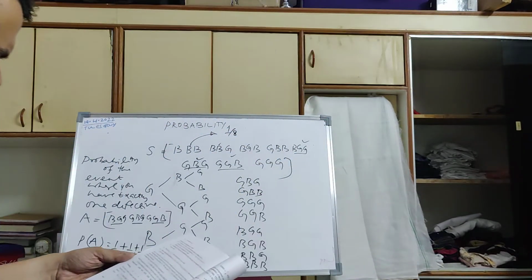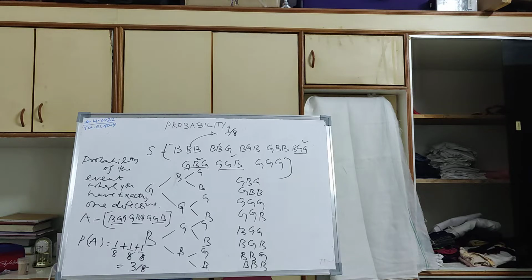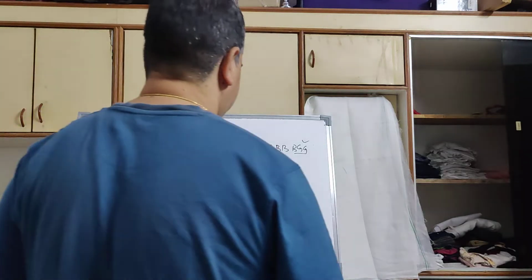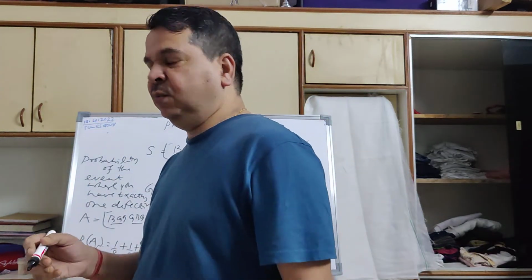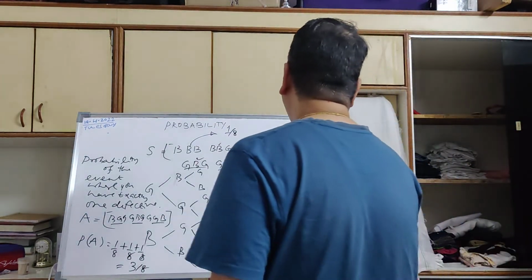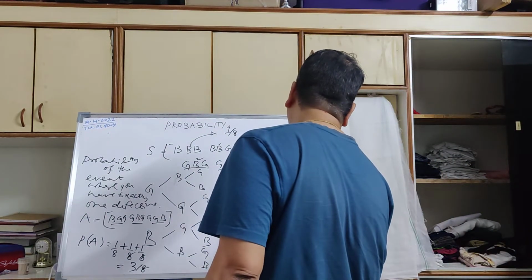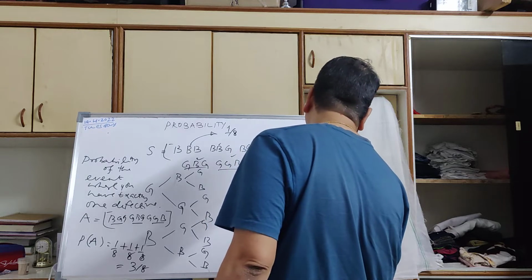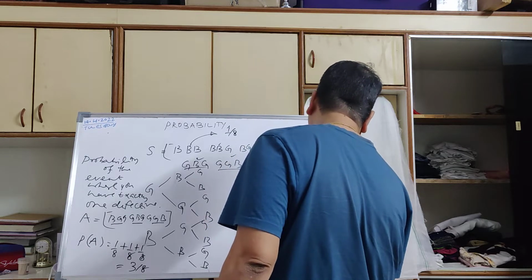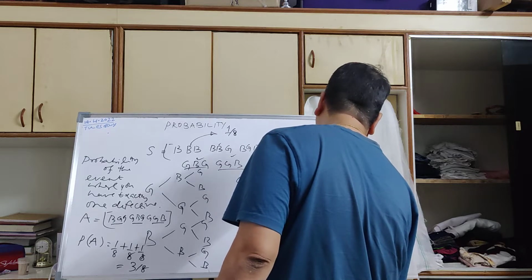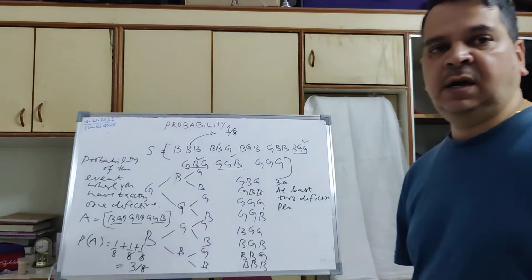And there can be one more event. Another event B is at least two defective pens.